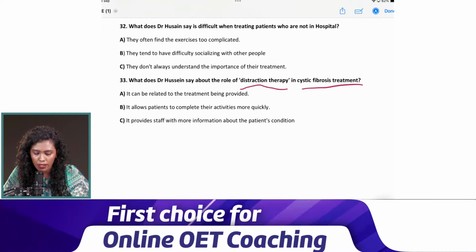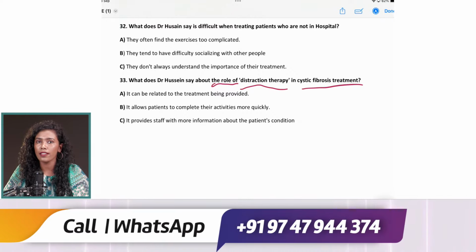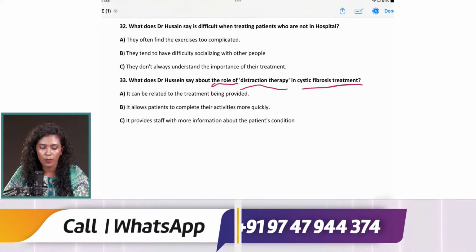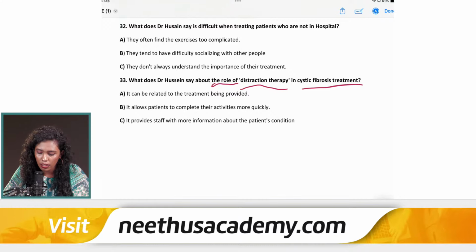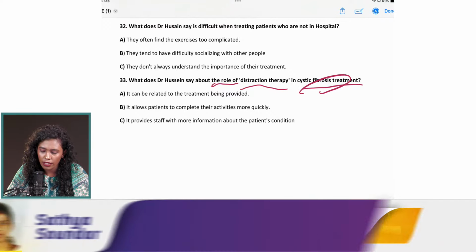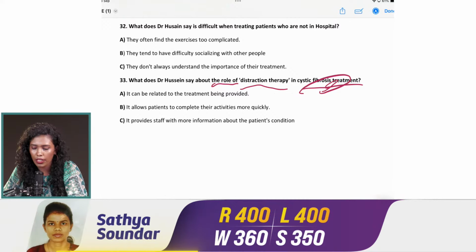Basically, you have to focus on the actual role of distraction therapy. If you feel like something is not aligning with the meaning of distraction therapy, you can eliminate that information. I hope it is clear so far. Is it clear so far? Okay, so listen closely to all this information.